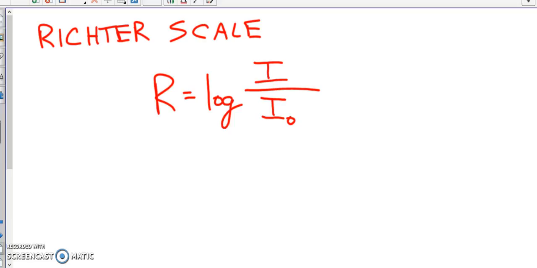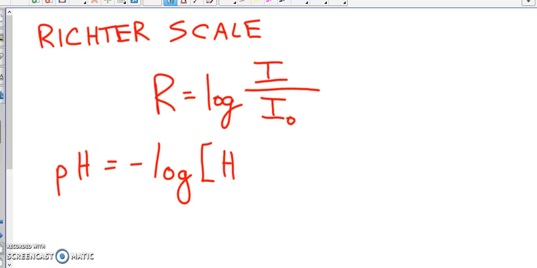Also, how do you measure acidity of something? pH. pH uses logs as well, just has a minus sign in there. So pH is the negative log of the concentration of hydronium or hydrogen ions in solution.